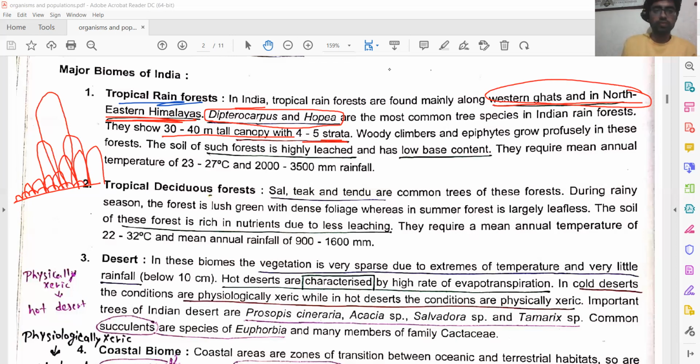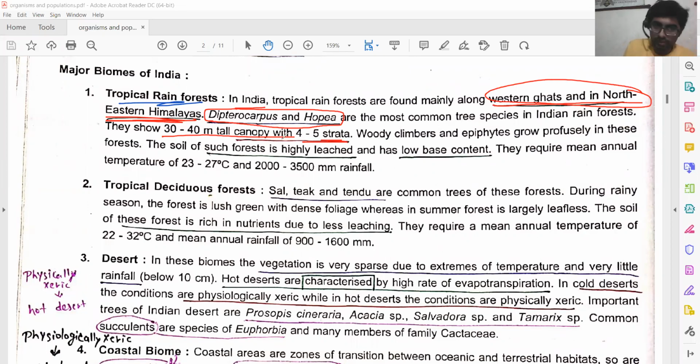So in a forest, you can see first layer of grasses, second layer of herbs, third layer of shrubs, smaller plants and larger plants. So 1, 2, 3, 4, and 5. 5 layers found in this forest. In this special type of forest, not all. Okay, so layering is there. And layering is technically called stratification, strata.